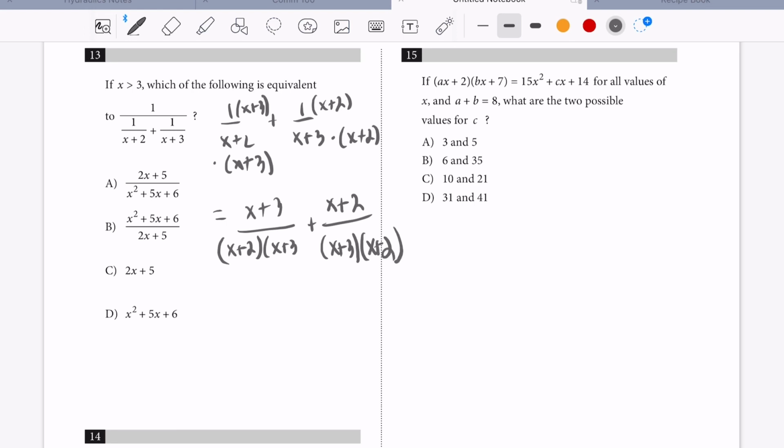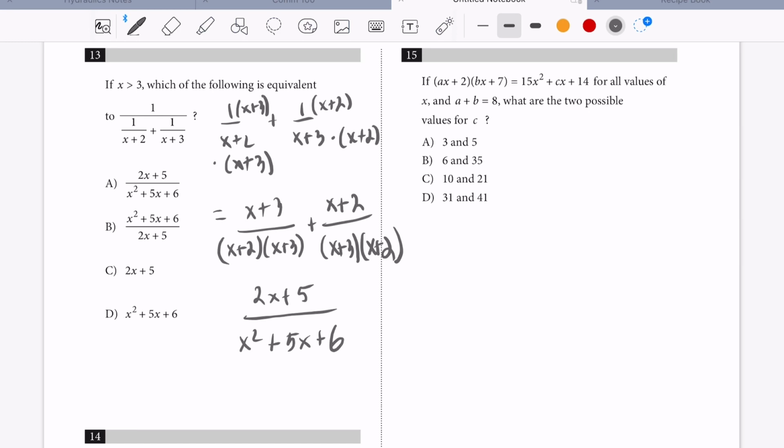And then if we add these two fractions together and expand the bottom, we're going to get 2x plus 5 over, what is that, x squared plus 5x plus 6.